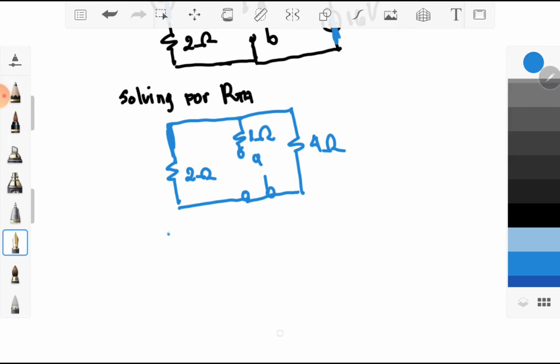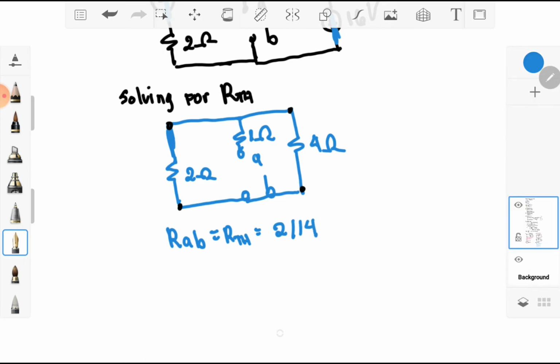Take note that your RAB will be the terminal wherein you will solve for your total RTH, which is basically equal to the parallel combination of your 2 ohm and 4 ohm. Take note that they have parallel terminals. So upon performing their parallel combination, it would be in series with 1 ohm.